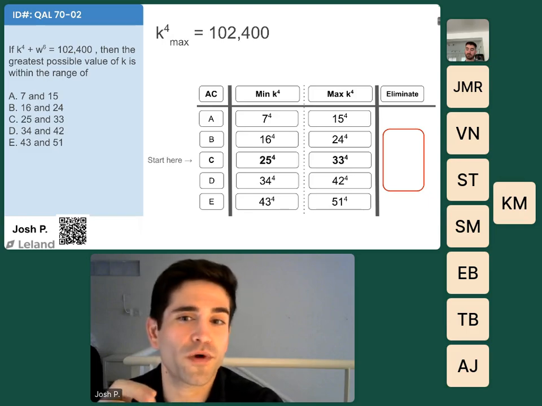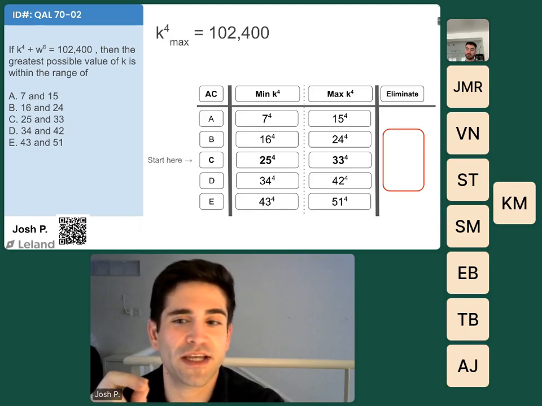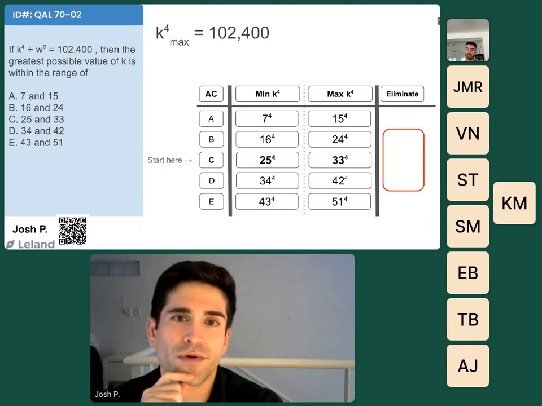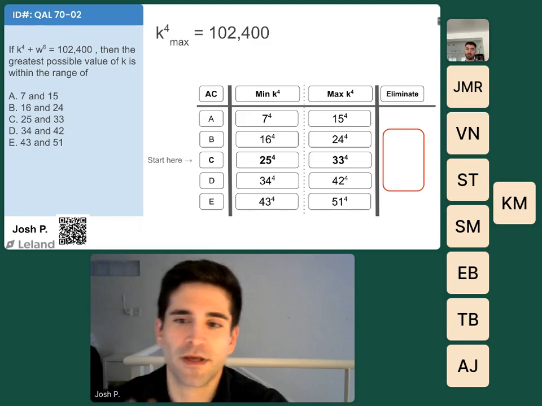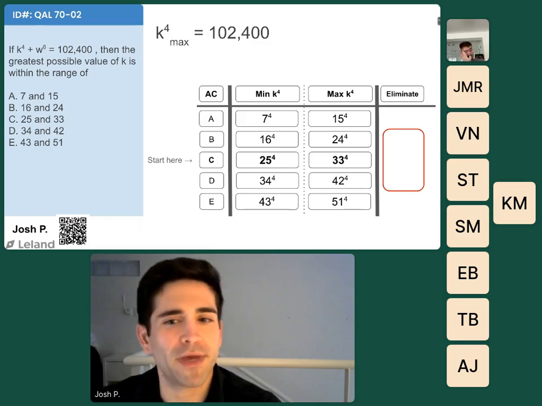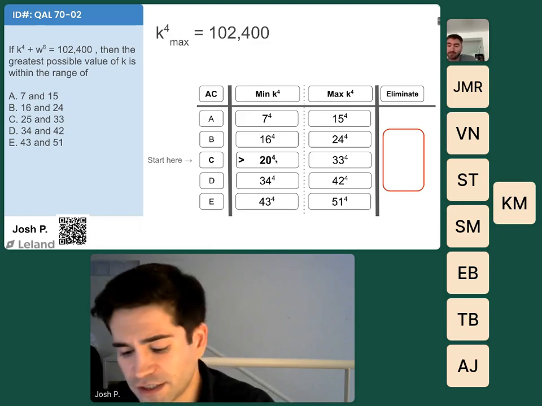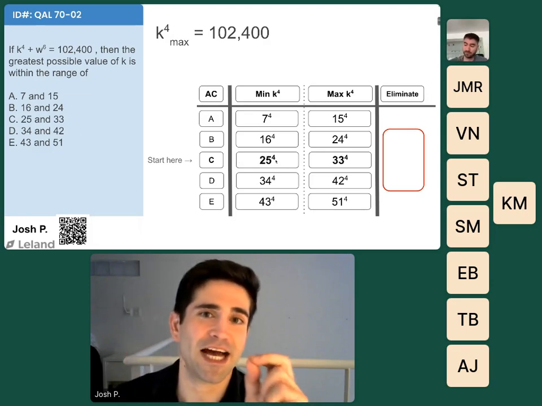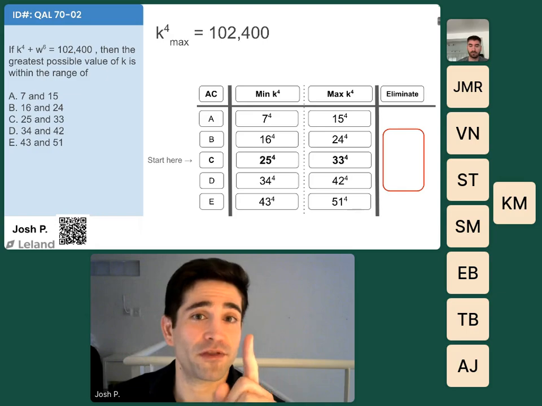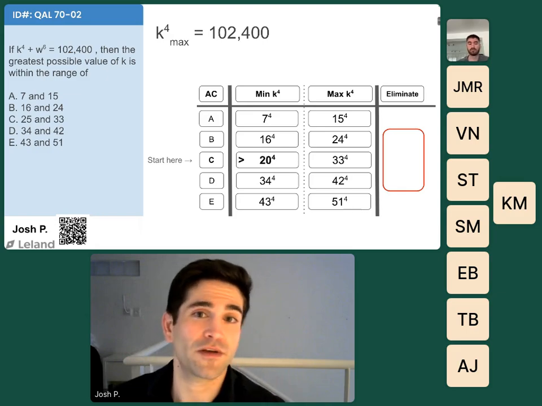Now, I want to start with answer choice C because it is the mid value. It is the median. So let's look at min C. Min C is actually 25 to the fourth, which is a difficult number to calculate. But we know that 25 to the fourth is greater than 20 to the fourth.